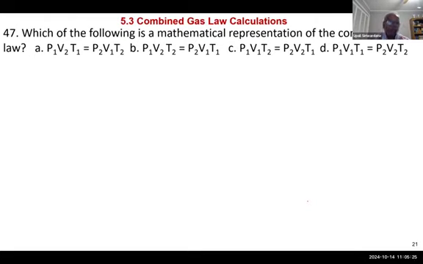Which of the following is the combined gas law? Sometimes you have to rearrange. P1 V1 divided by T1. This is correct.